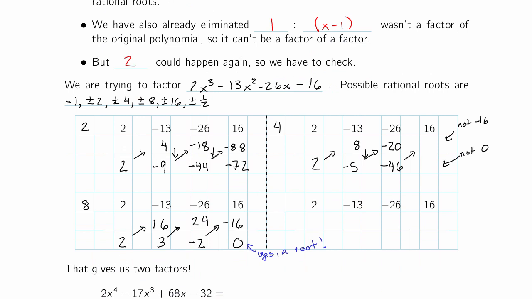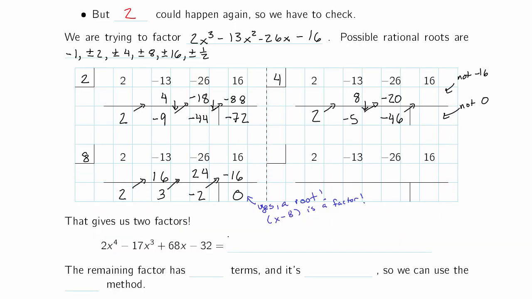So that means x minus 8 is a factor. My original polynomial had a factor of x minus 2, which I found before, and then the x minus 8 that I just found, and then the remaining factor is a 2, go down another degree, so 2x squared plus 3x minus 2.